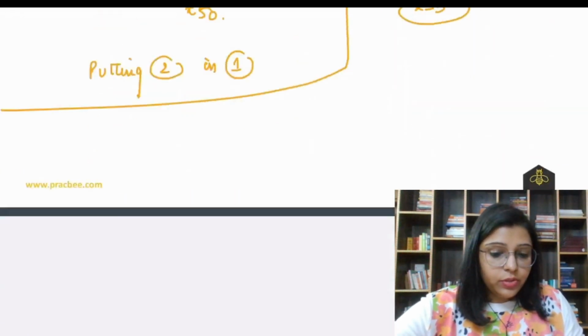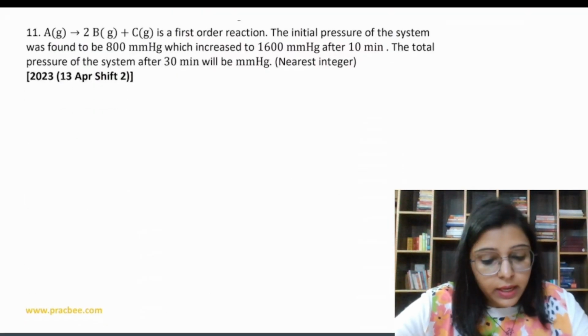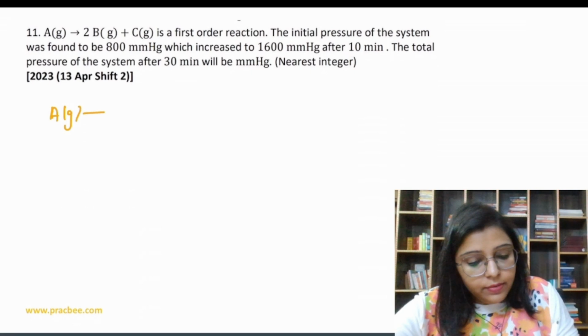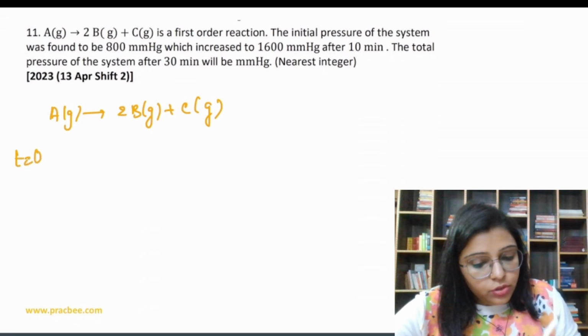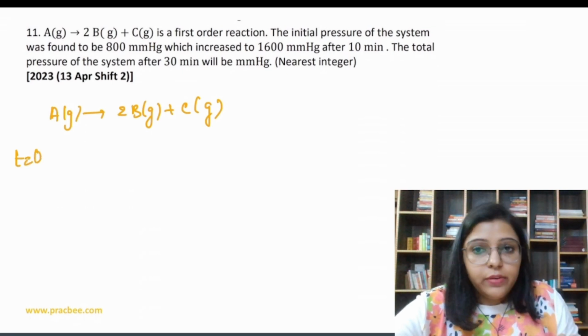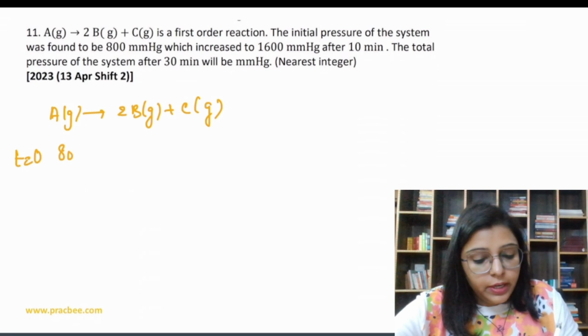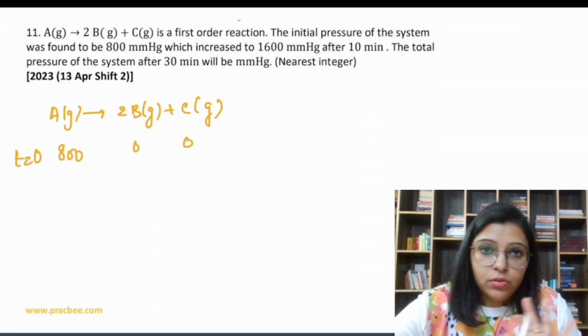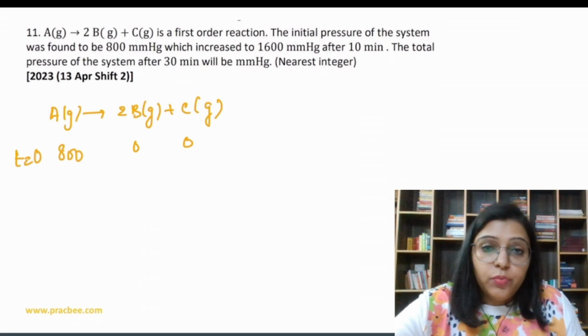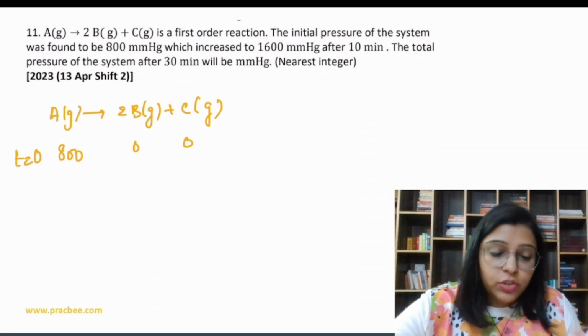Now let's do the next question. The next question says A gas gives 2B gas and C gas, it's a first order reaction. The initial pressure of the system was found to be 800 mm of Hg. So initial pressure 800, and at the start we do not have any pressure from products. This increased to 1600 mm Hg after 10 minutes.